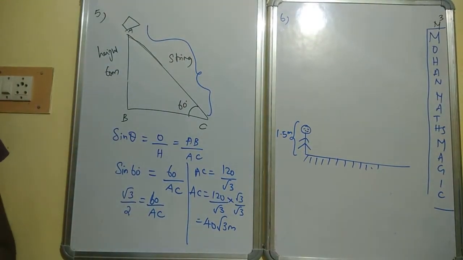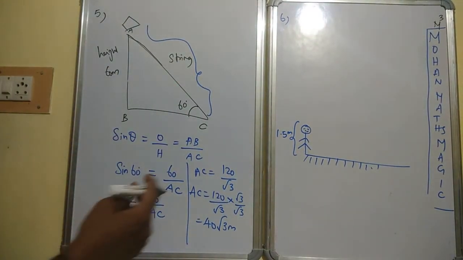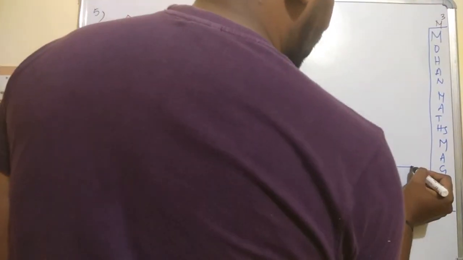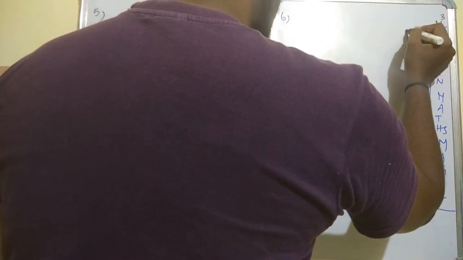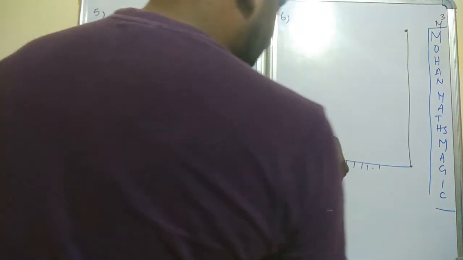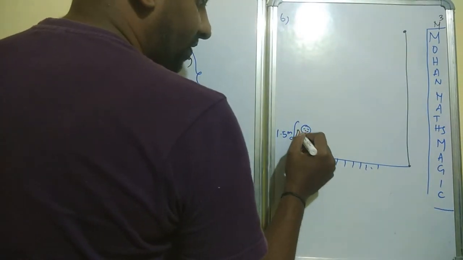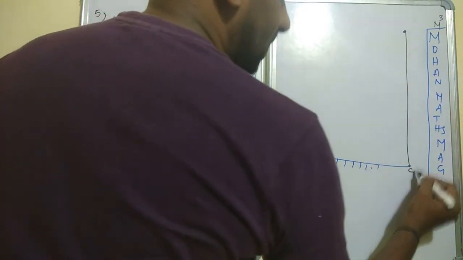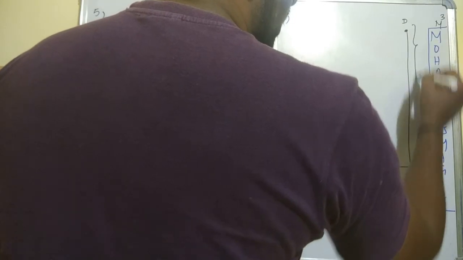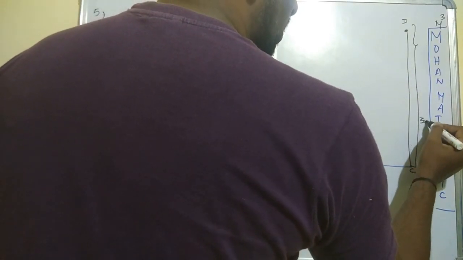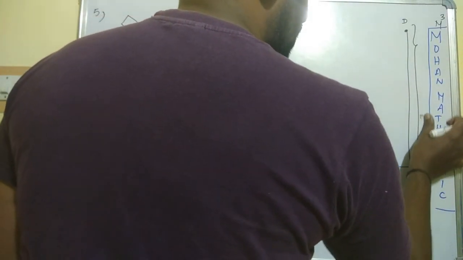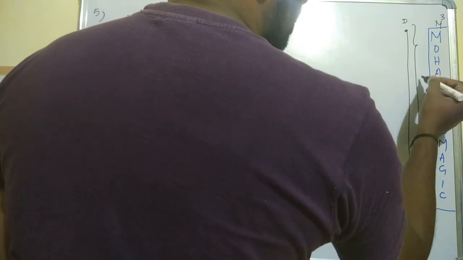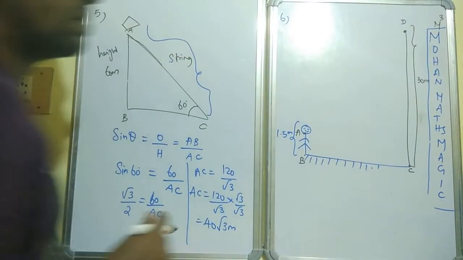Next, a 30 meter high building from the ground level. For everything you label the diagram and then write. Label it A, B, C, D, and this distance is 30 meter.